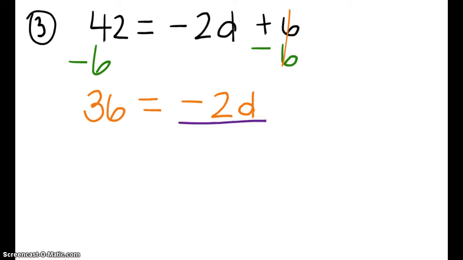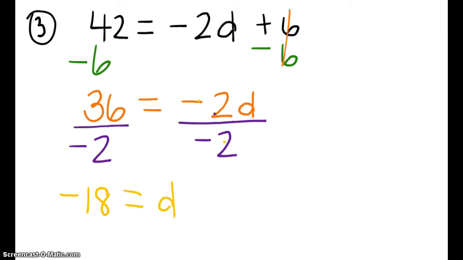So on this side, to get rid of the negative 2, you have to divide by negative 2, because negative divided by negative is a positive. So we're going to be left with a positive d. So over here, we divide by negative 2. And so then 36 divided by negative 2 is negative 18. And that equals, remember, negative 2 divided by negative 2 is just positive d.